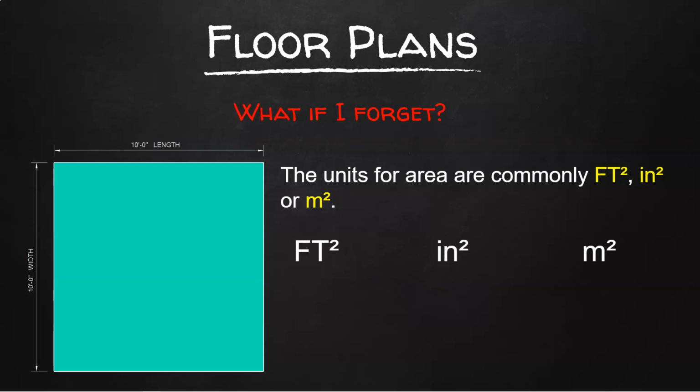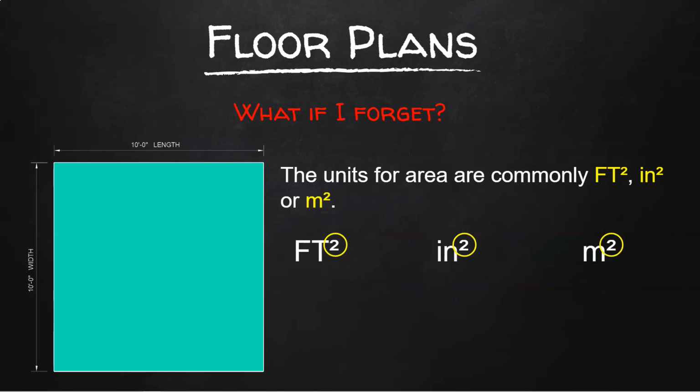So you have a foot squared, an inch squared, and a meter squared, and those squared values will tell you that it is a foot times a foot, or an inch times an inch, or a meter times a meter, and those always give you that squared value. You know those are all distances or lengths.